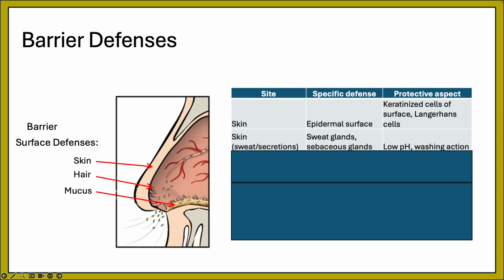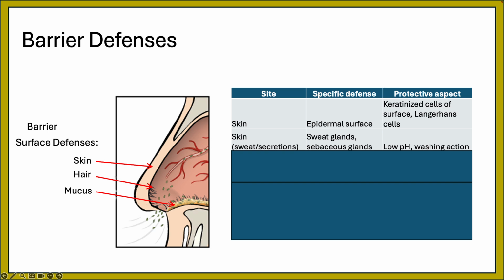In addition to that, you have several secretions. Sweat and sebaceous glands secrete different chemicals with a low pH, which help defend the body by preventing things that would thrive in the more neutral environment inside the body from taking hold.